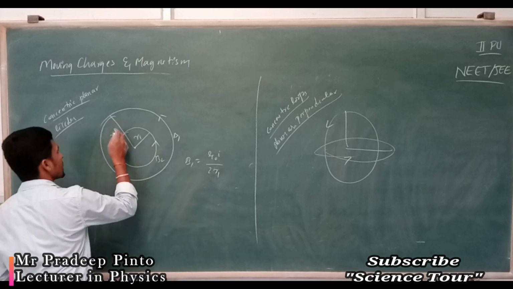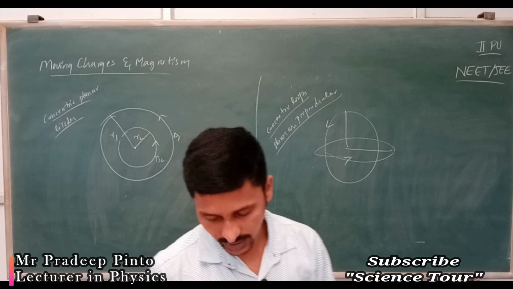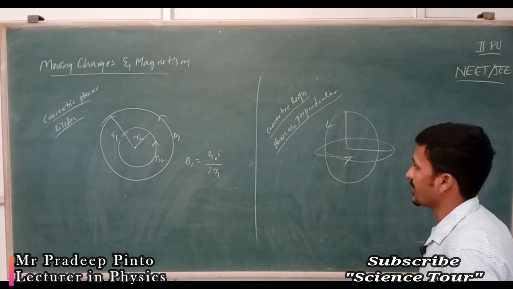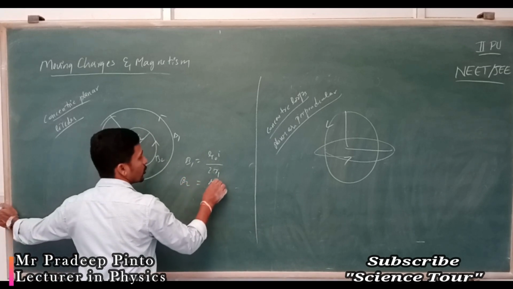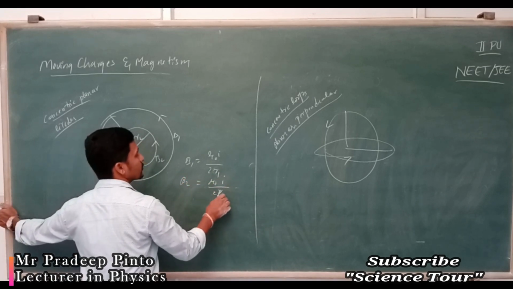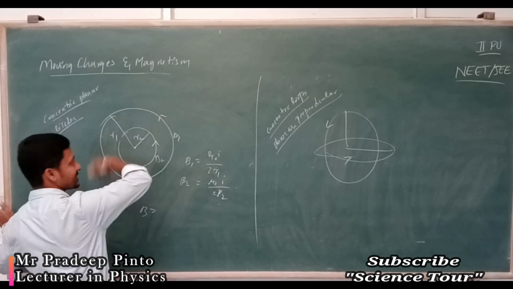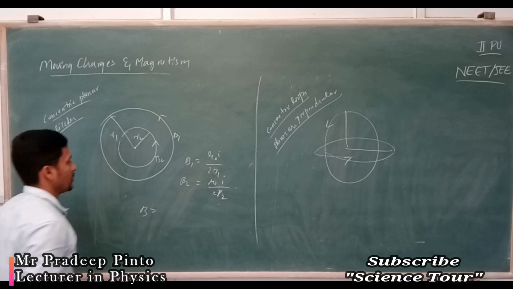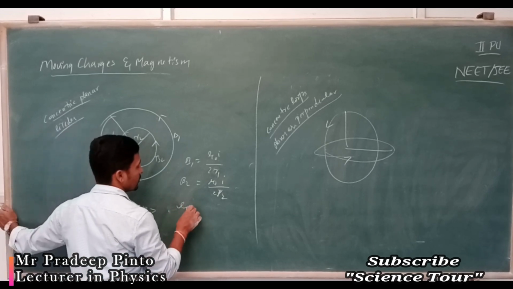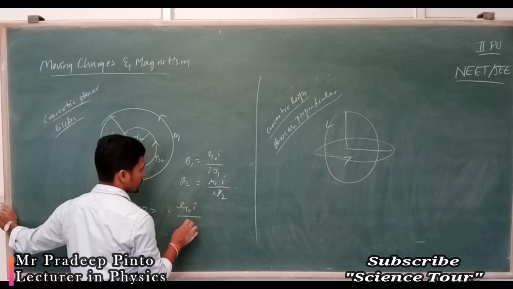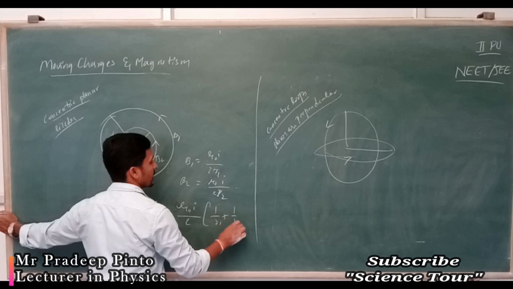We will take this as R1 and this as R2. That is mu naught I by 2 R1, isn't it? B2 is mu naught I divided by 2 R2, right? So total, because both are in the same direction, they are added: B1 plus B2, that is mu naught I divided by 2 into 1 by R1 plus 1 by R2.